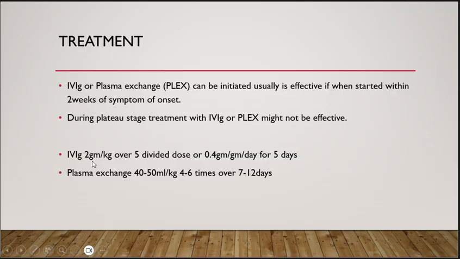The dose of IV immunoglobulin is 2 gram per kg divided over 5 days, or 0.4 gram per kg per day for 5 days. And plasma exchange can be done in 4 to 5 sessions, where we replace around 40 to 50 ml per kg of plasma over 7 to 12 days.